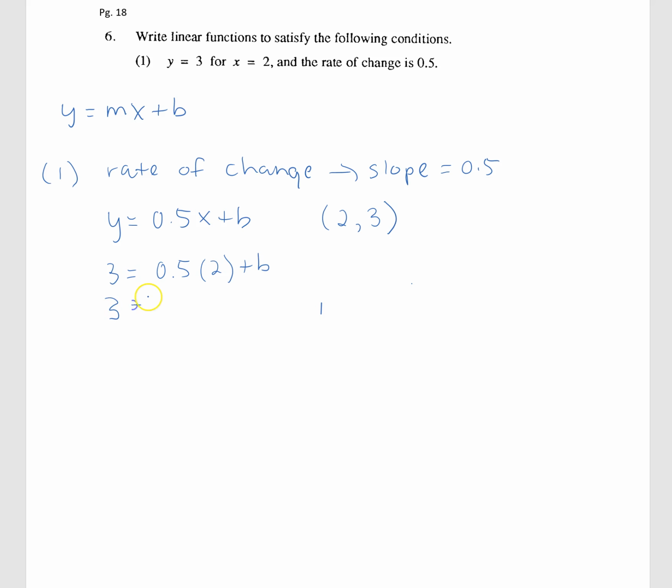And 0.5 times 2 is just 1. And subtracting 1 on both sides of my equation gives me 2 equals b. So the full equation for this linear function is y equals 0.5 times x plus 2.